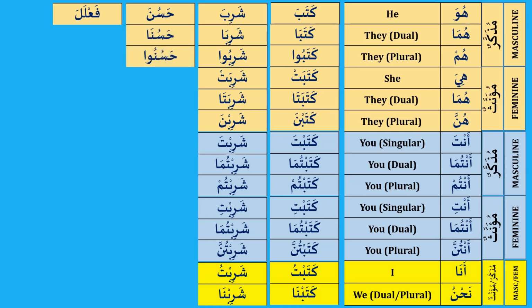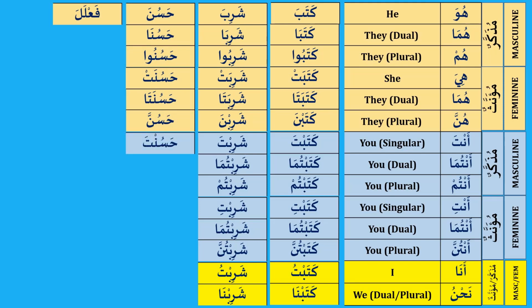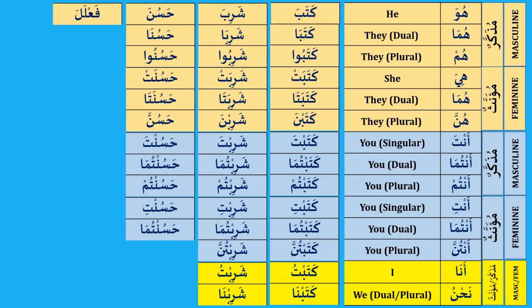Hasuna, hasunu, hasunat, hasunata, hasunna, hasunta, hasuntuma, hasuntum, hasunti, hasuntuma, hasuntunna, hasuntu, hasunna. And finally, fa'lala pattern is for radical verb.